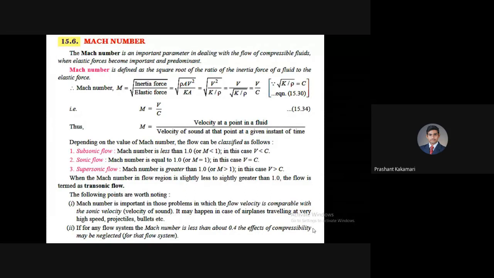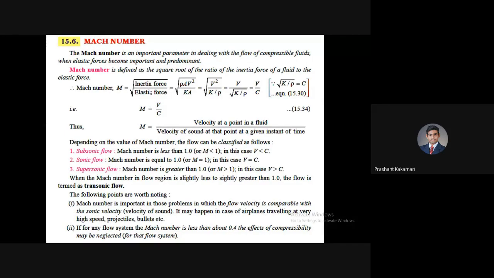Coming to the definition of this Mach number, it is the square root of the ratio of inertia force to the elastic force. By taking these two forces, as we discussed till now, the inertia force depends upon the velocity of the disturbance, and the elastic force in the fluids. The disturbance in the fluid may be due to sound, due to pressure difference in the air, or because of any blast or explosions.